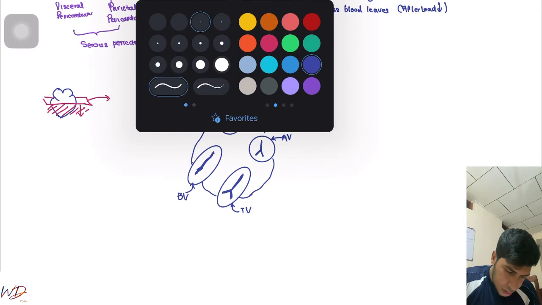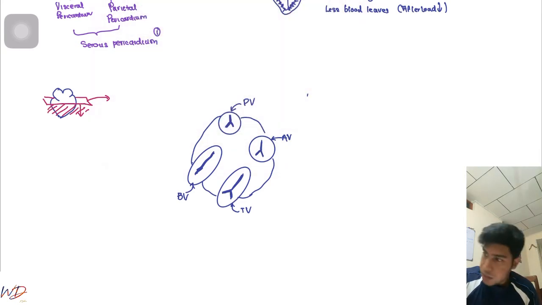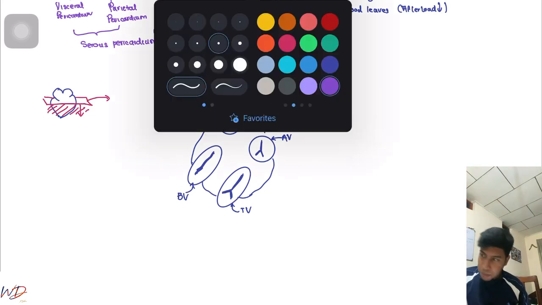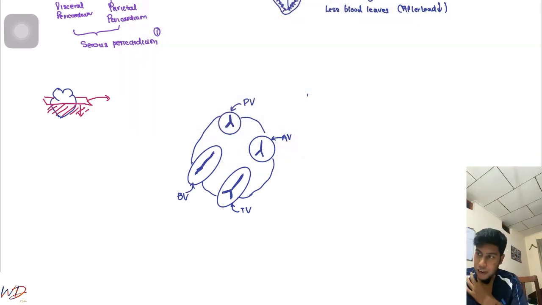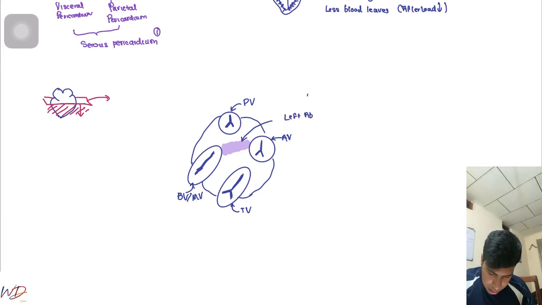Now, look at how I draw this. There are going to be fibrous rings which are present between the aortic and the mitral valve. This is called the left fibrous trigone.